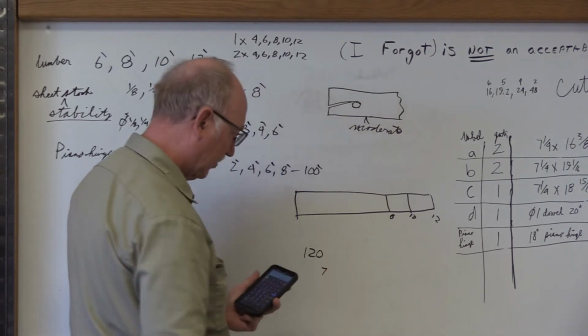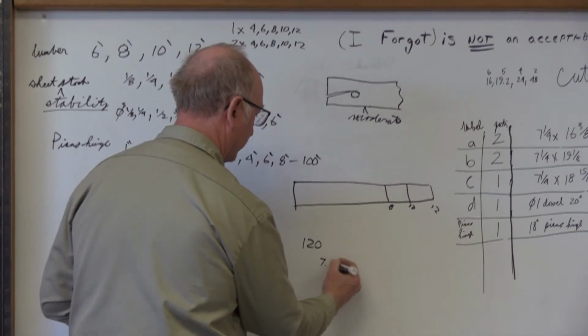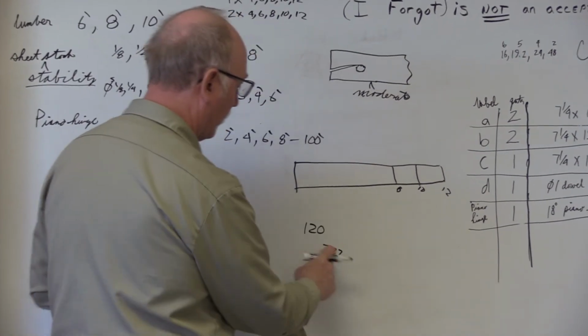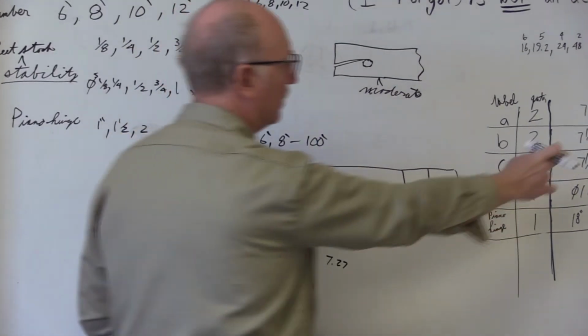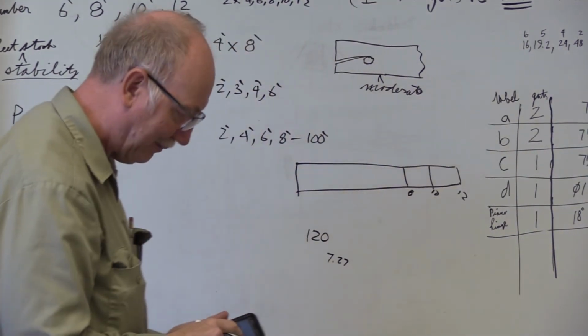So that's the whole number. Then it says 0.27 repeating. So the 0.27 is of the 16.5. Let's just figure out what the drop would be.